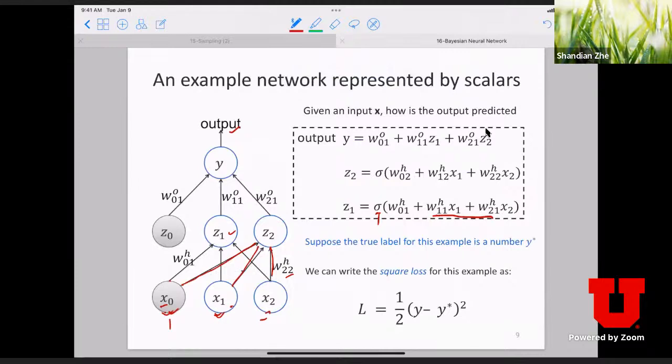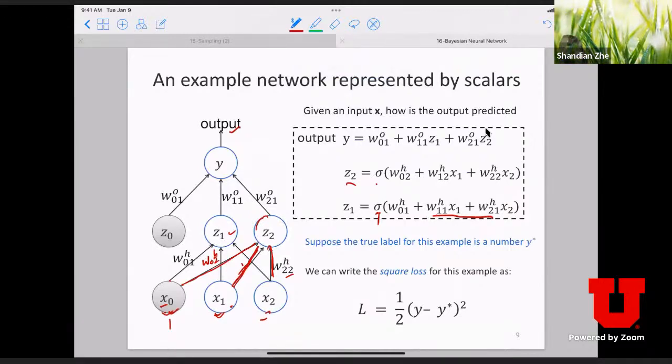So you have W02H plus W12H, this is the weight down here, and W22H here. And then after you do a linear combination, you do a nonlinear activation function, and you get Z2. I will usually refer to this Z2 as the output of the neuron.